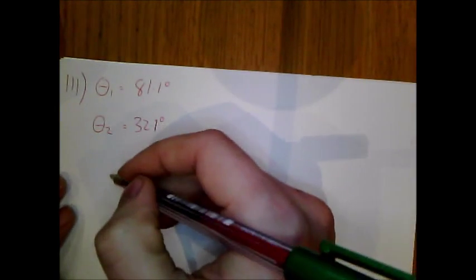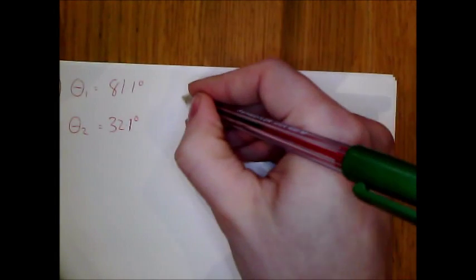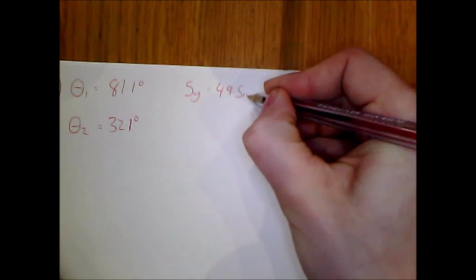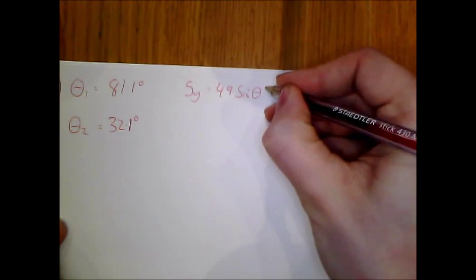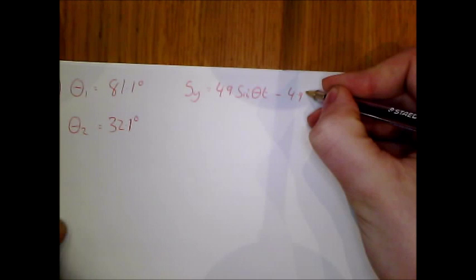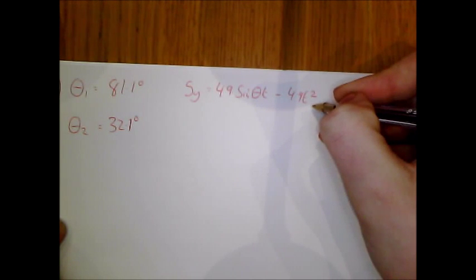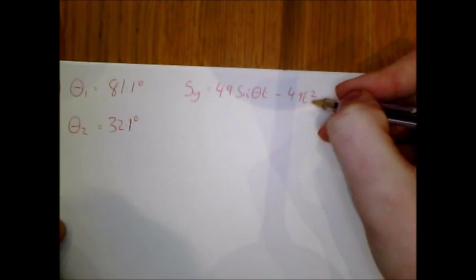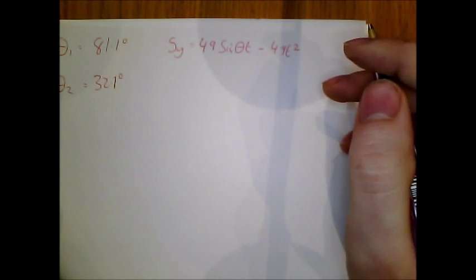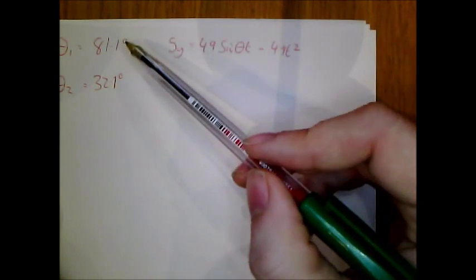So let's go back to our original equation. Sy equals 49 sine theta t minus 4.9 t squared. And we're just going to use these two values.